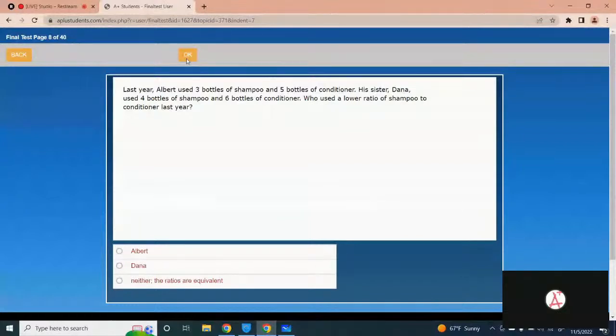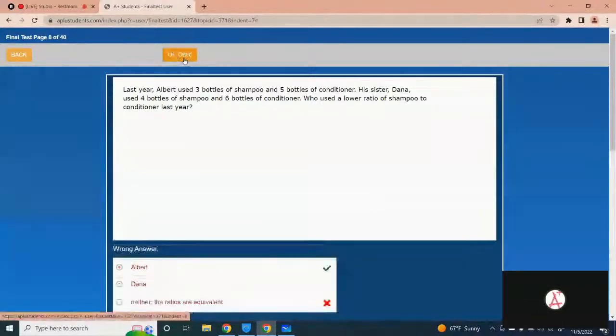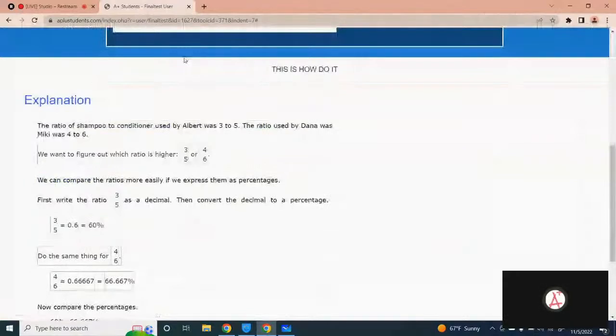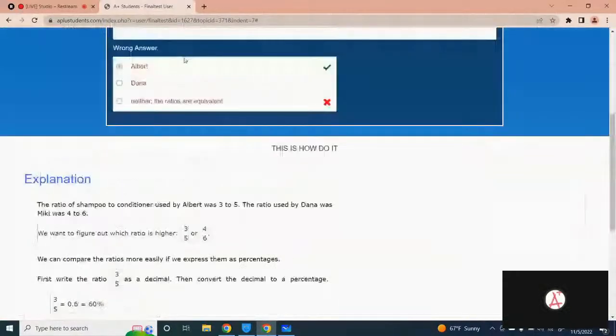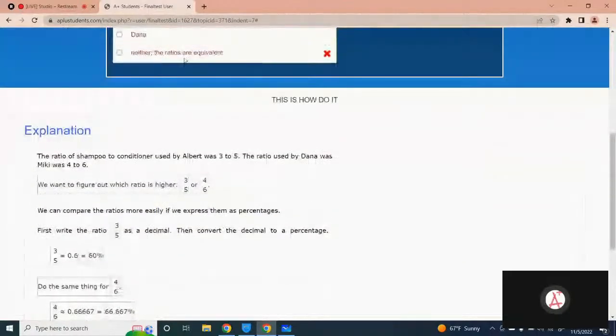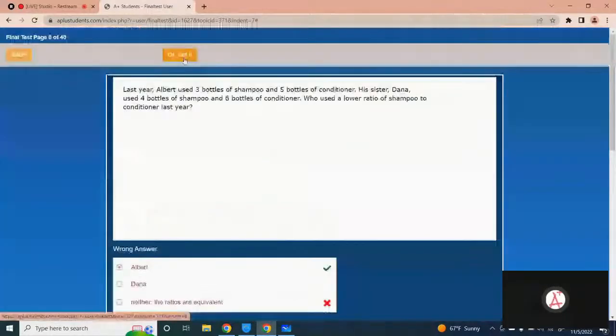Okay, 3 by 5 is 60% and 4 by 6 is 66%. So 60% is less than 66%, so it would be Albert. Got it?